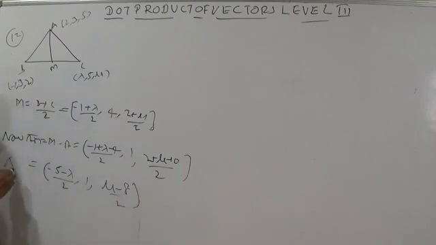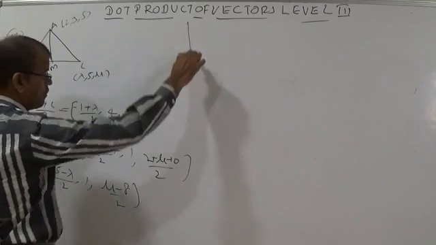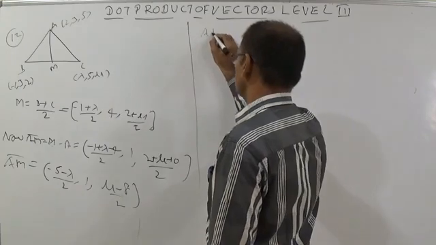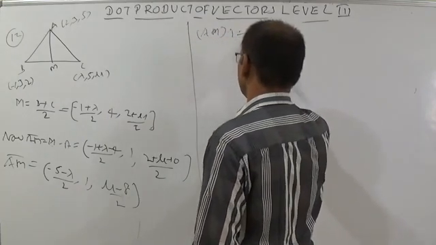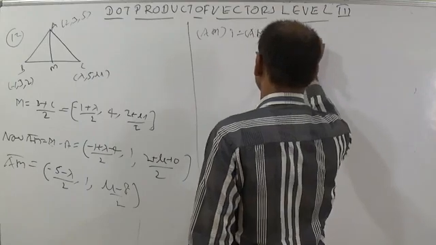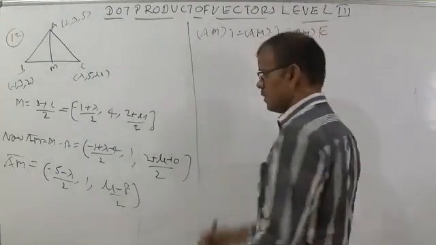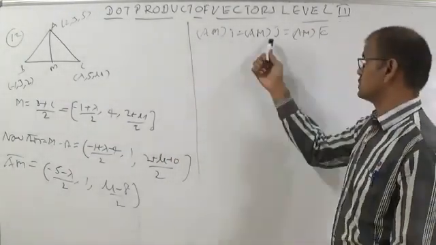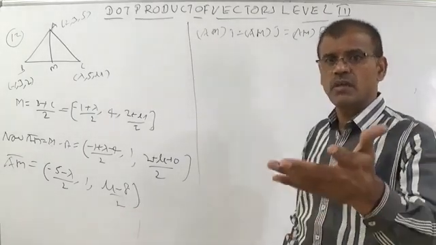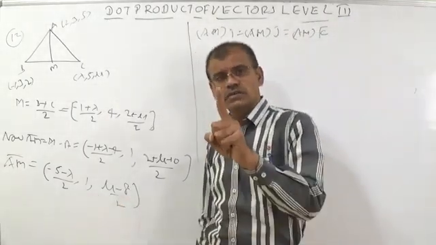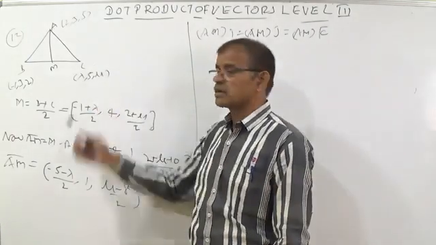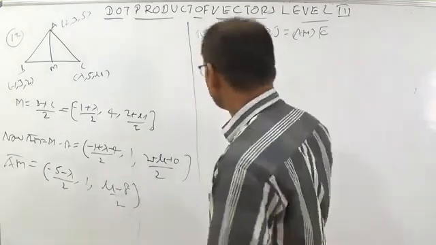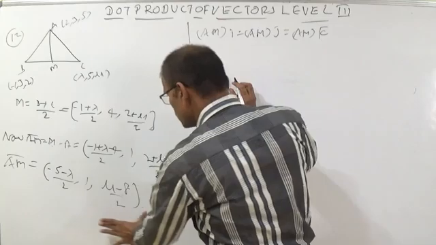He is discussing AM making equal angles with coordinate axis. So that means AM dot i is equal to AM dot j is equal to AM dot k. Whatever value we get with i bar vector, the same value we get for j bar vector, and the same value with k bar vector. Already here the value is 1. So this is also 1 and this is also 1.